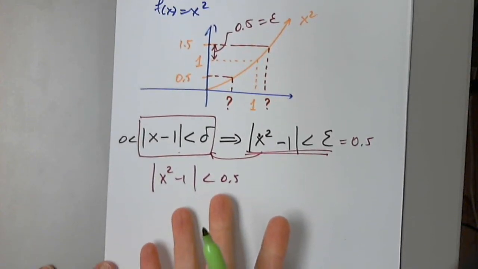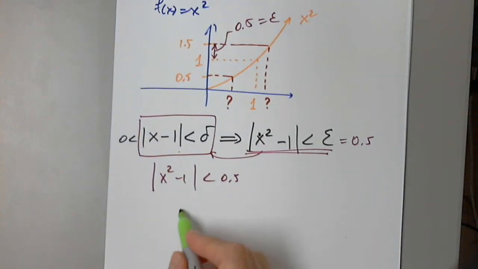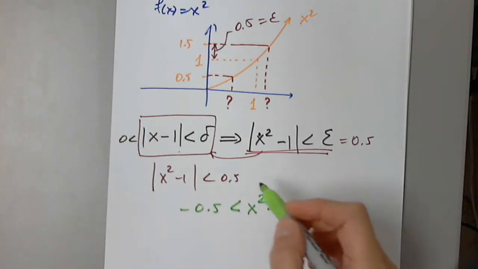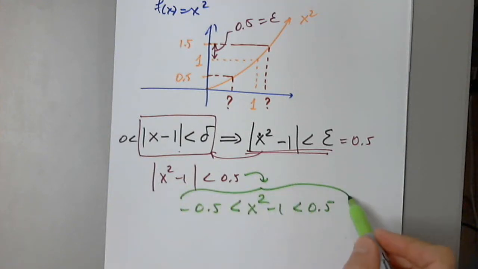If you remember from last time, negative 0.5 less than x squared minus 1 less than 0.5. This is the translation. You have to remember that, please. So the absolute value of a quantity less than a number means we are trying to find numbers whose distance from 0 is less than 0.5. So in between negative 0.5 and 0.5. Is that clear, everyone?